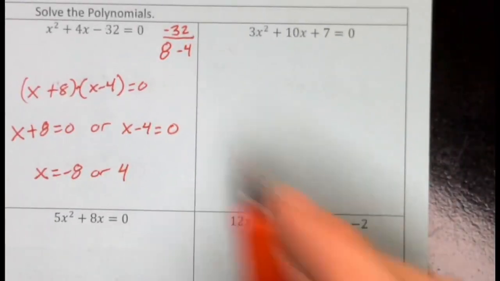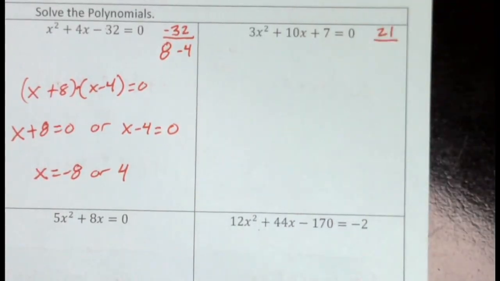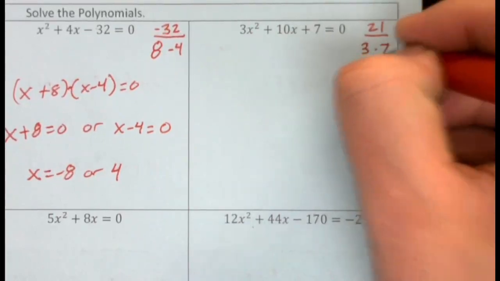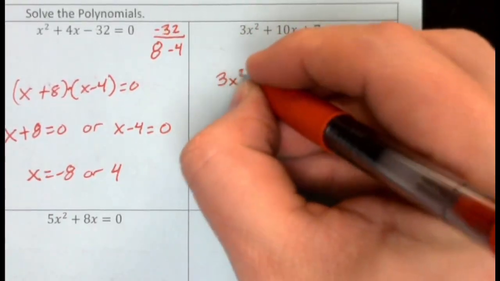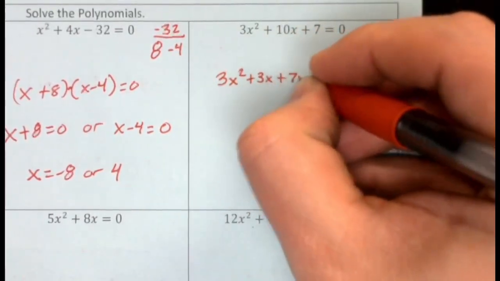Next one, 3 times 7 is 21. Any two numbers that multiply to 21, they'll add to 10. It is 3 and 7. So I have to use the long route because a does not equal 1.